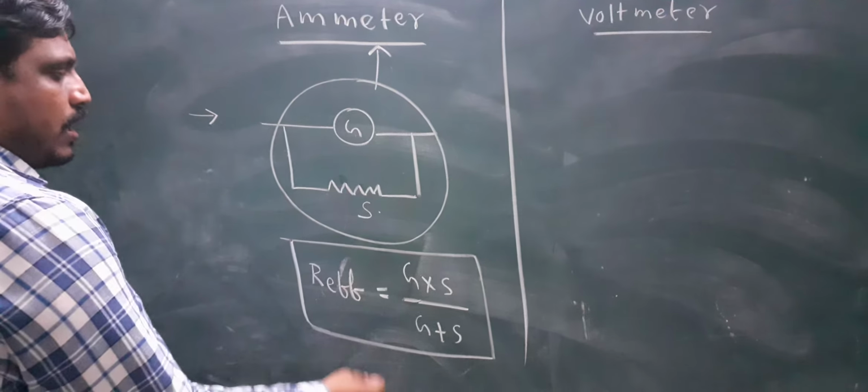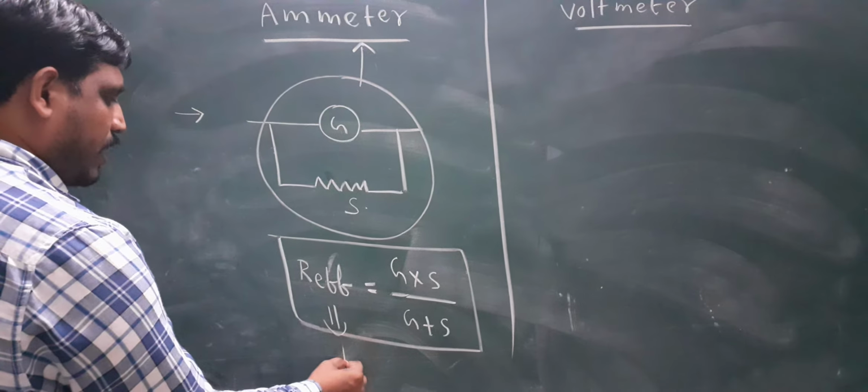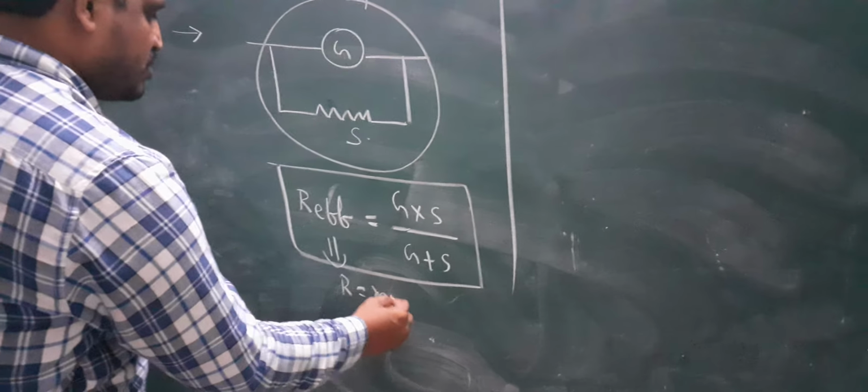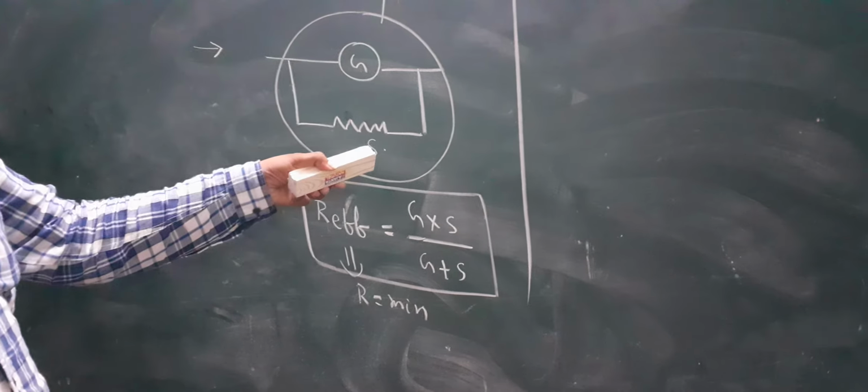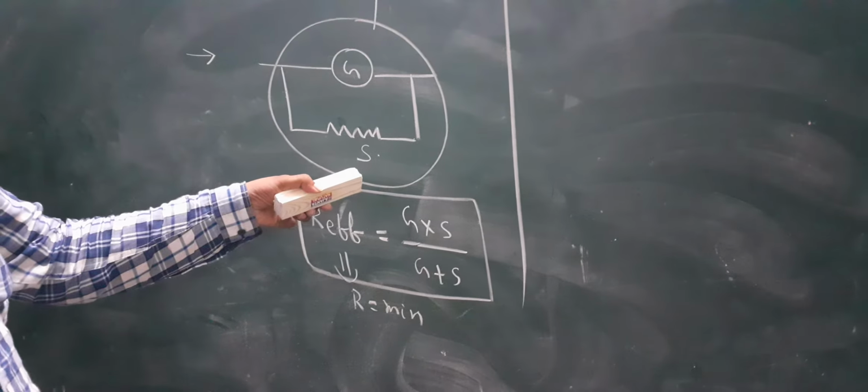Already the shunt is a very low resistance. By connecting these two in parallel, the resistance becomes minimum. Simply, the total ammeter resistance is very low. Simply we take an ideal ammeter. An ideal ammeter means its resistance is very low, approximately 0.